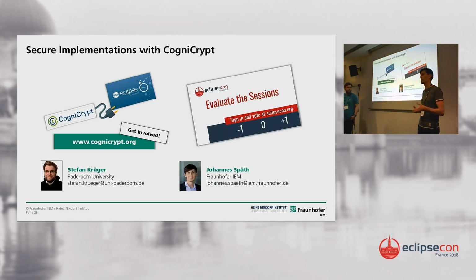We really did our best to make sure that these rules cover the standards. So we checked them with a crypto expert, and we read the documentation of these APIs really carefully. I mean, clearly, that's the best we can do.